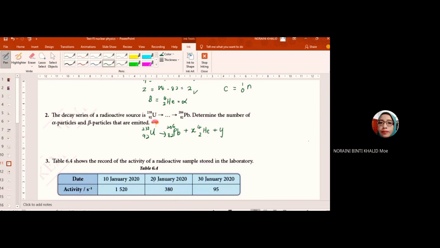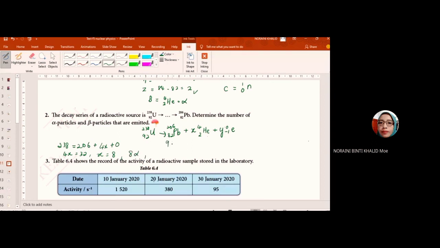The number of nucleons on the left and right must be balanced. Thus 238 equals 206 plus 4X plus Y times 0, so 4X equals 52 and X equals 8. So we have 8 alpha.